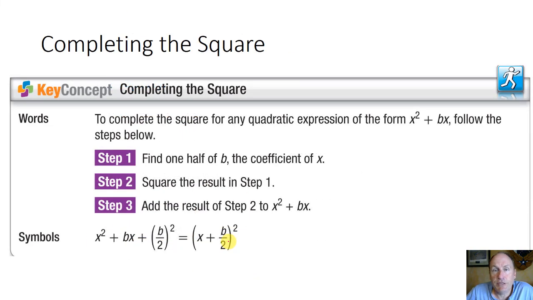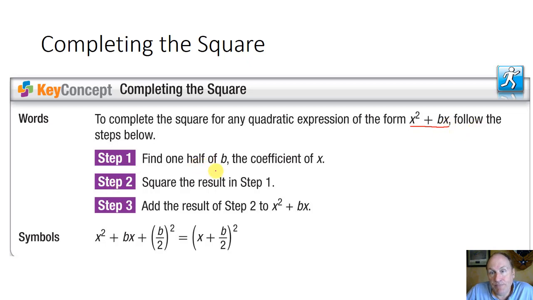So in some cases, a technique called completing the square is useful. Let's talk about how that works. Completing the square is used on part of a quadratic equation that has x squared plus bx in it, and we're trying to complete that square by adding some constant term that makes it a perfect square.